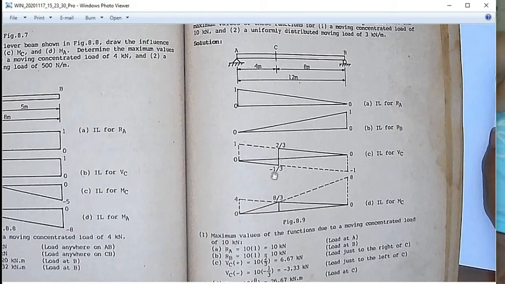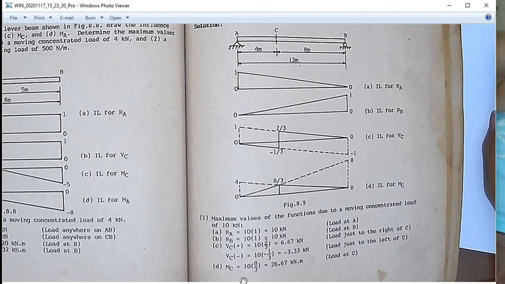And 10 times negative 1/3 would give you negative 3.33. Kung i-add mo yung 3.33 plus 6.67, yung kanilang absolute values magiging 10.